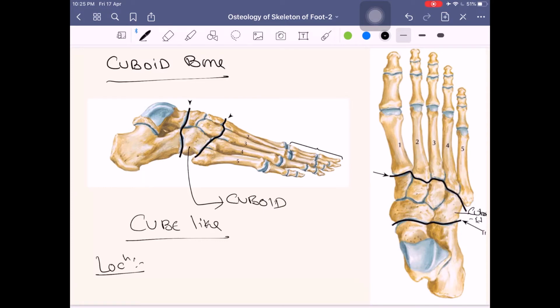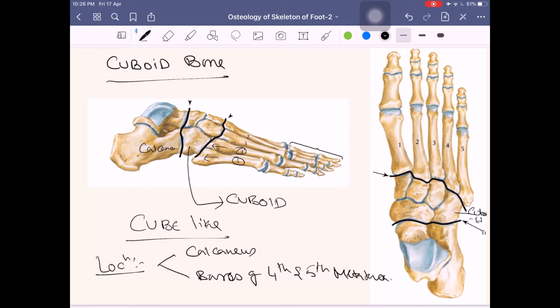And as far as the location is concerned, it is a distal row tarsal bone. You can see it is lying in front of your calcaneum and behind the bases of the fourth and fifth metatarsals. So the location is in front of the calcaneus and behind the bases of the fourth and fifth metatarsals.